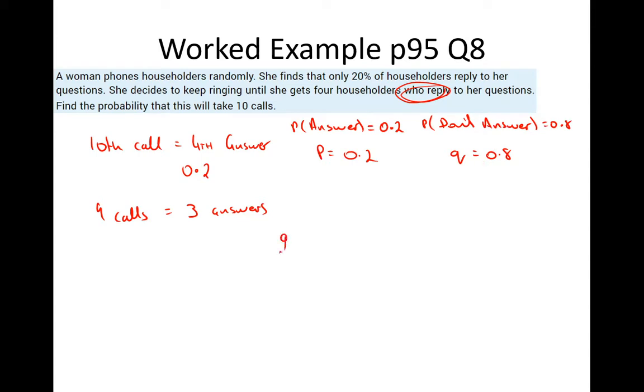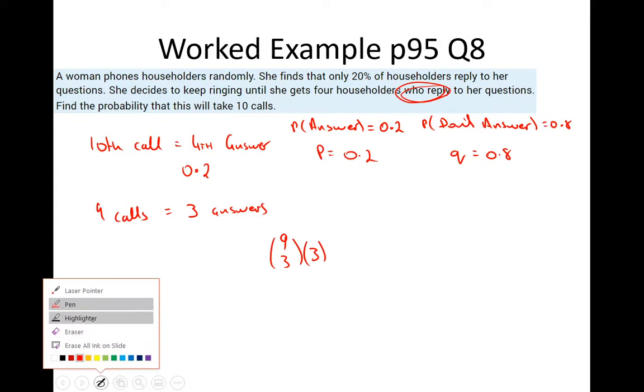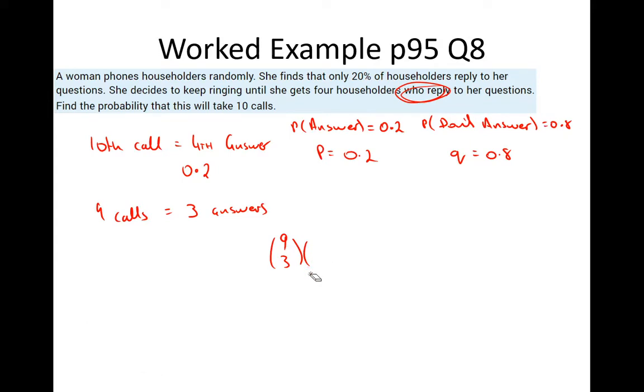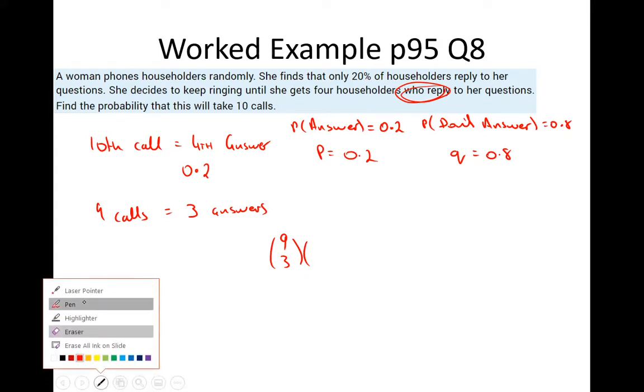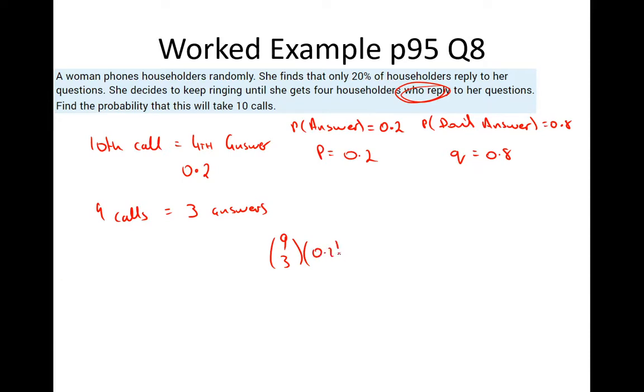So we use 9C3, because that's the number of successes I want out of the 9 first calls, by the probability of success, which is 0.2 raised to the power of 3, by the probability of failure, 0.8 raised to the power of 6.